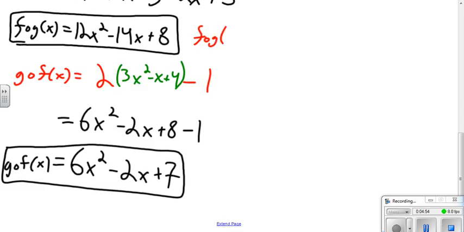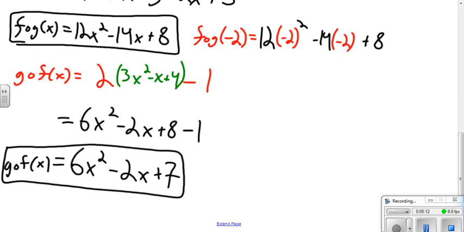Now for part B, all we have to do is change these to f of g of negative 2. So we just plug negative 2 anywhere we see x. So 12 times negative 2 squared minus 14 times negative 2 plus 8. Now solving that out, negative 2 squared is 4, so we would have 12 times 4.